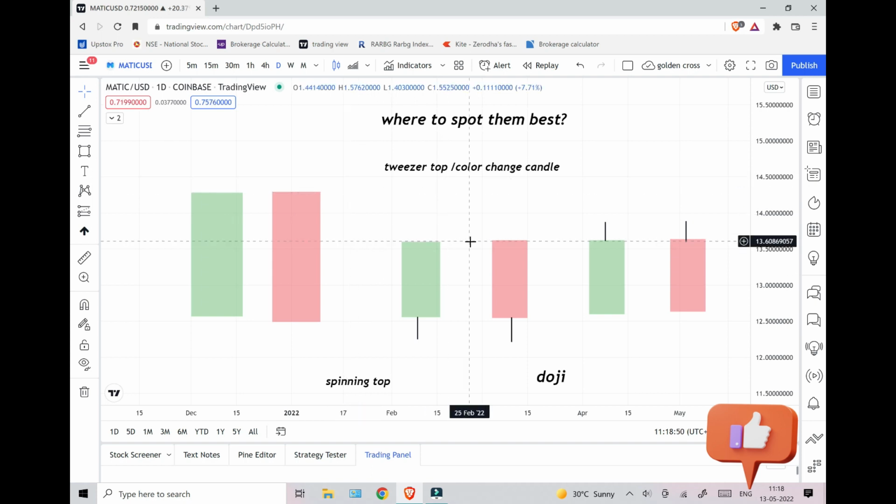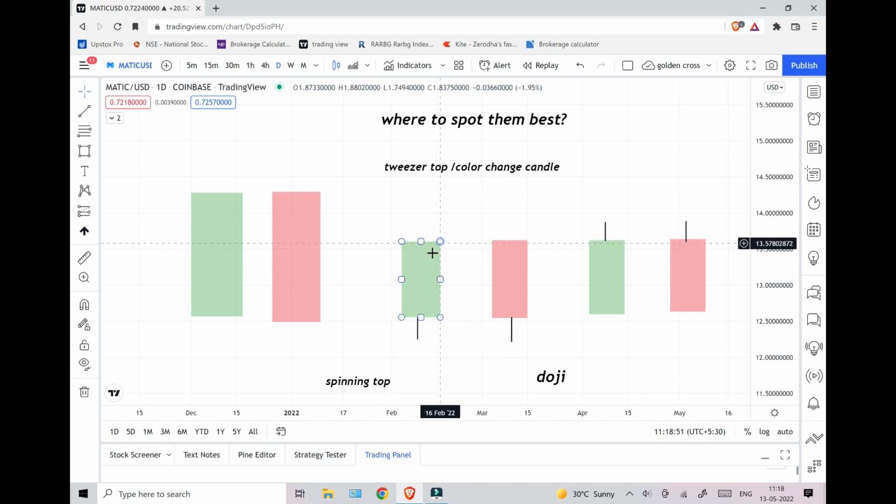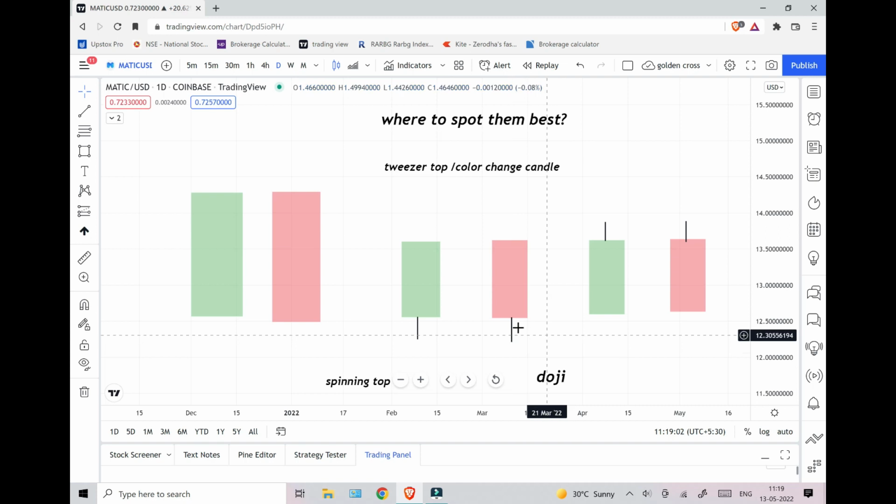Coming over here, same bullish candle, bearish candle. There might be a shadow over here at the bottom, there might be a shadow over here at the bottom. The only criteria and the point to remember is the first candle should be a bullish candle and the second candle should be a bearish candle.